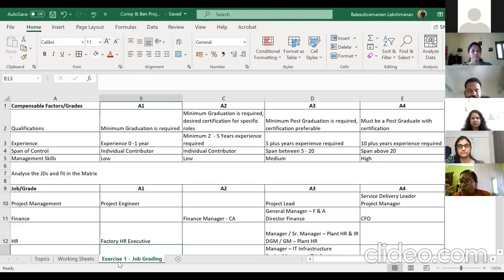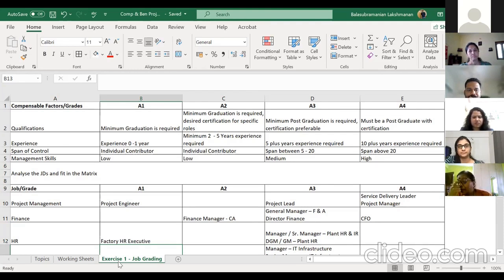They are very contextual, because every organization has its own strategy and its own ecosystem. Depending on what is very critical and important, you determine the compensable factors, because what is very important for one organization may not be critical for another.